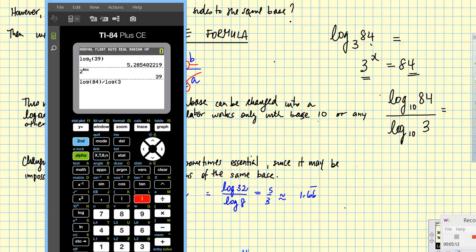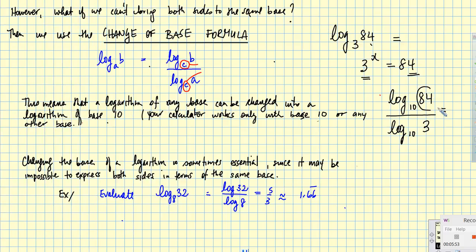So what have I done? I know that my base is 10, so I'm finding, when my base is 10, what is my value of the exponent going to be in order to give me 84? And when my base is 10, what is my value of the exponent going to be when I have 3? So that is my number.